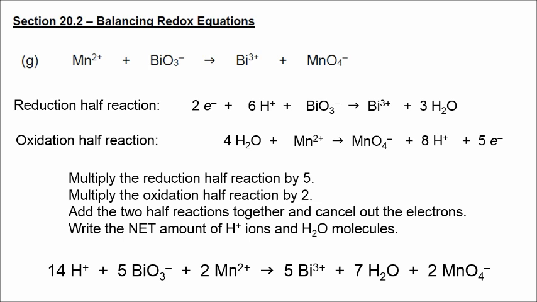In a similar way, we will have 15 waters on the right, but then we'll have 8 waters on the left, so that net difference is 7 waters on the right. So just watch out for when you're multiplying these half reactions by whatever number you need to do, watch out for any species that appear on both sides and only focus on the net amount of those chemicals.